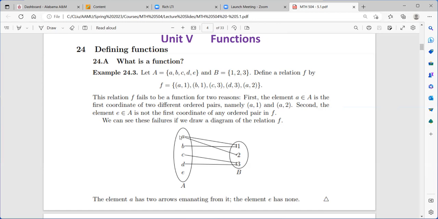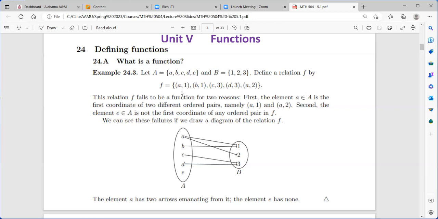But that's just one reason, and there's another reason why this is not a function, and people may easily skip it. That's because the element E inside A, remember, that's also element E, does not have a correspondence in the second set.